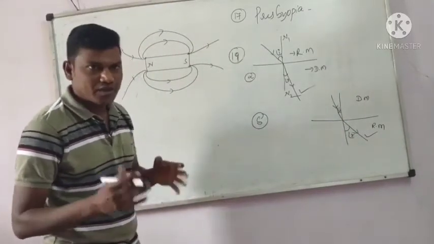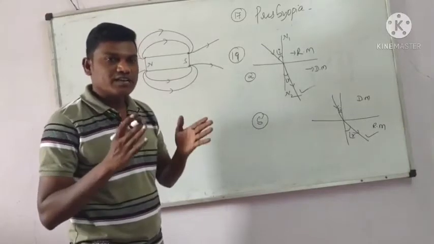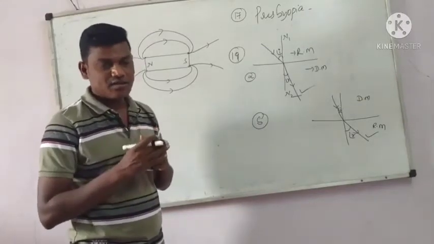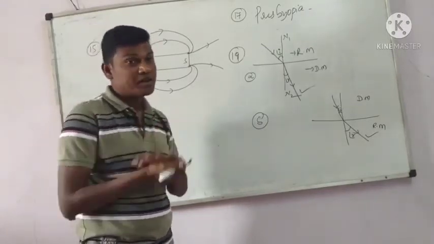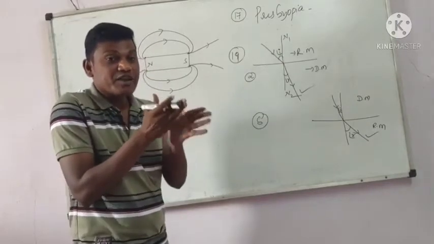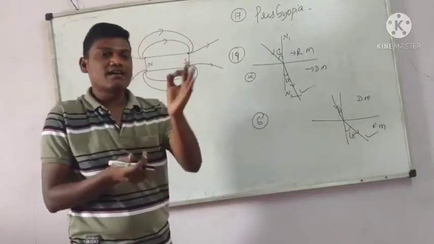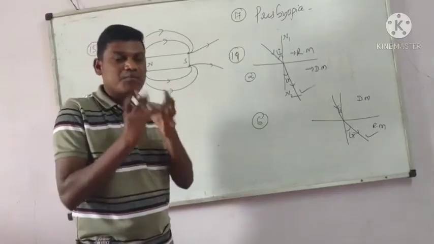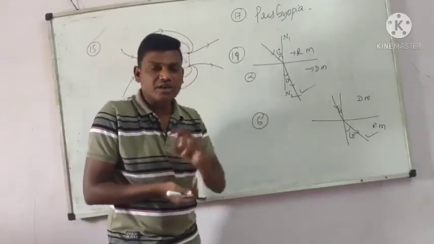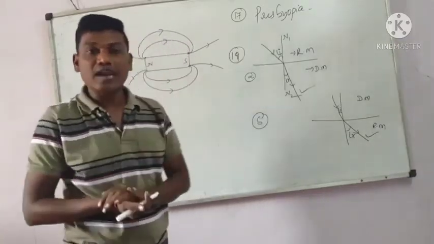When a light ray travels from one medium to another, it slightly deviates from its path. That is called refraction. The main reason for refraction is the change in the speed of light.